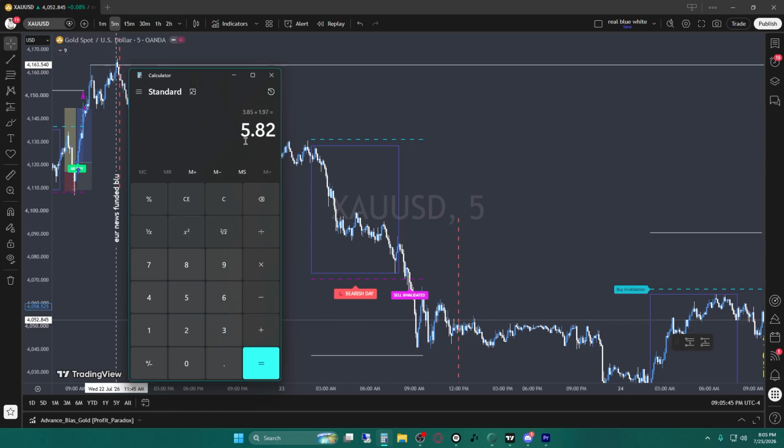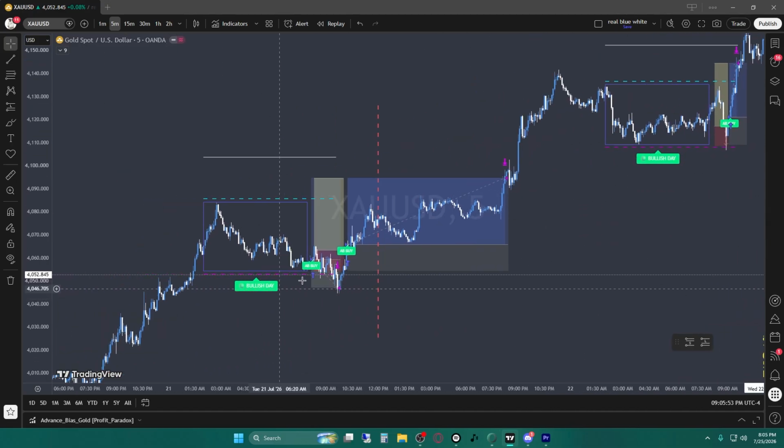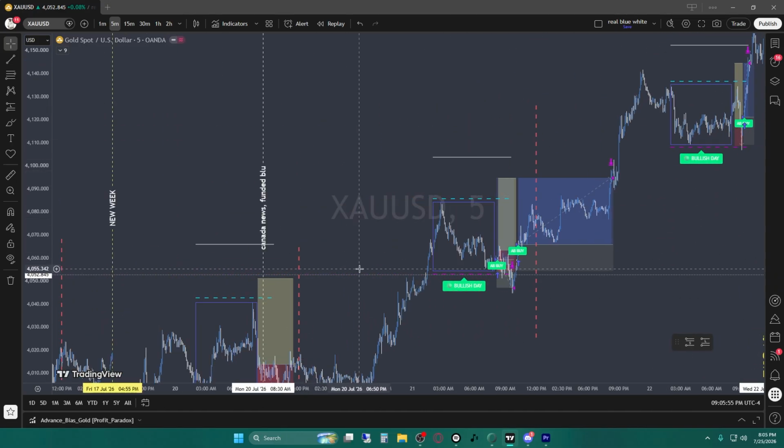So I made 5.82R in the last 2 weeks, using this indicator to give the bias each New York session.